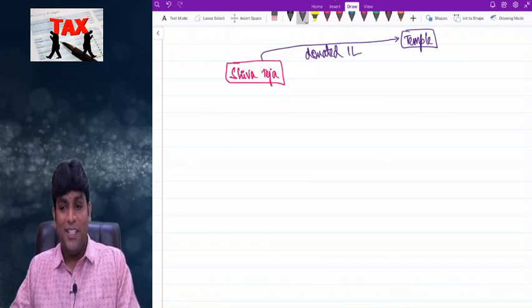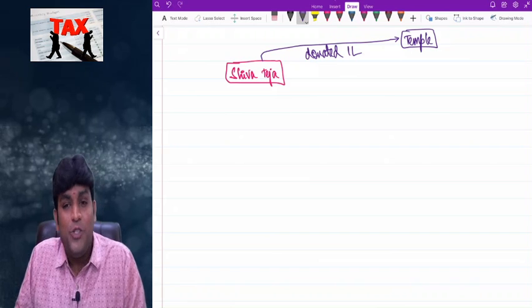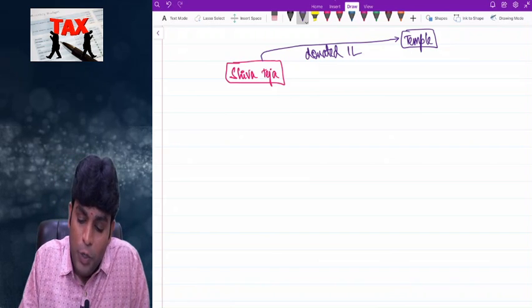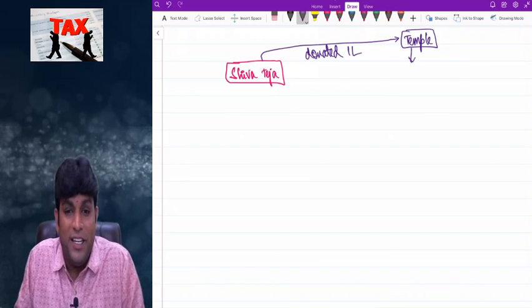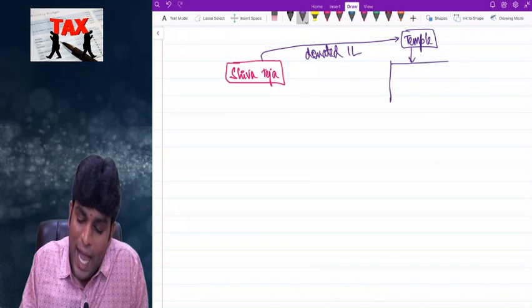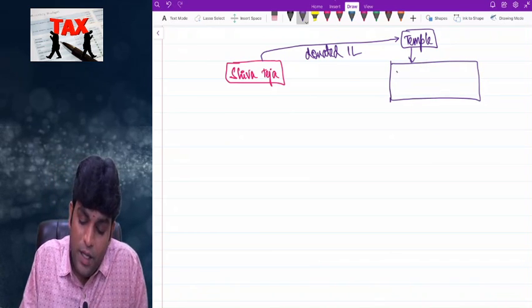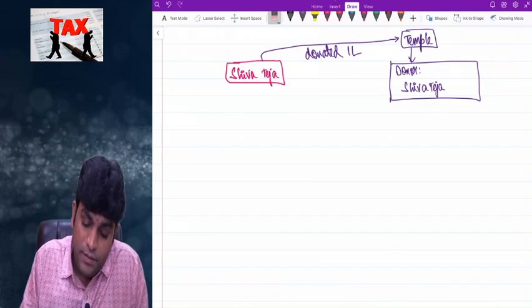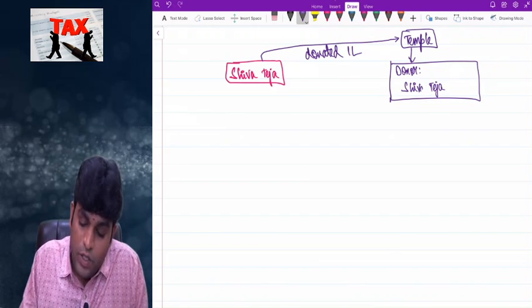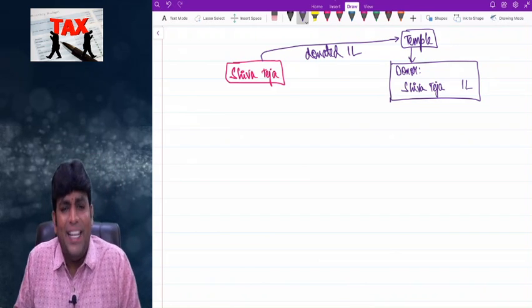Wow, Mr. Shivateja has given 1 lakh to the temple, so kind of him. Now, out of affection, love and gratitude towards Shivateja, temple has displayed one name board stating that donor Shivateja, 1 lakh, like that they specified.